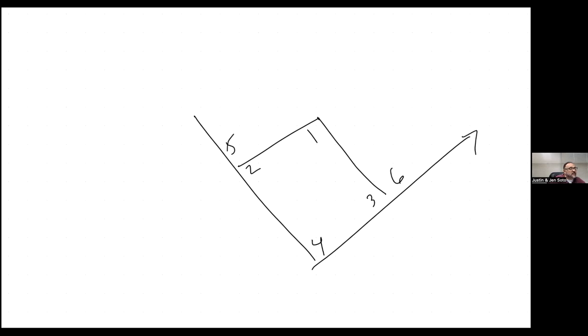And it's got S, T, U, W. So it tells us that UT is parallel to WS.